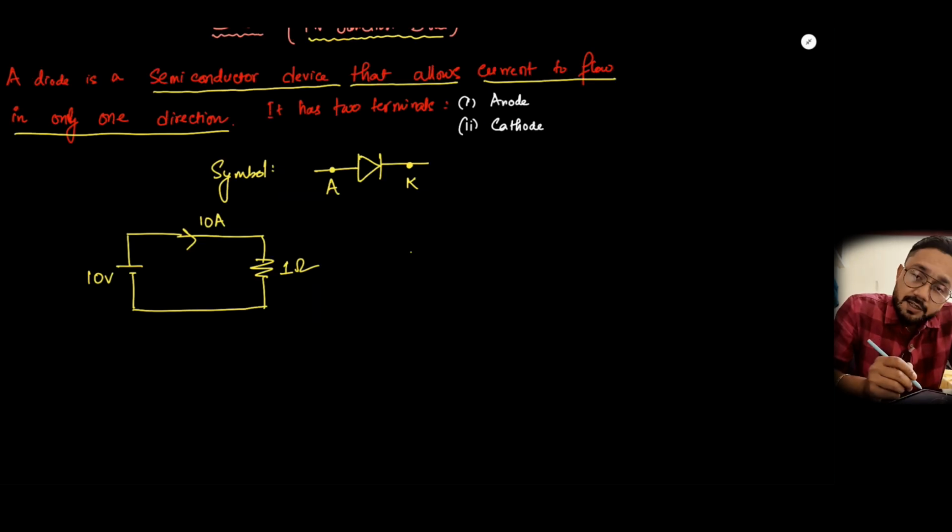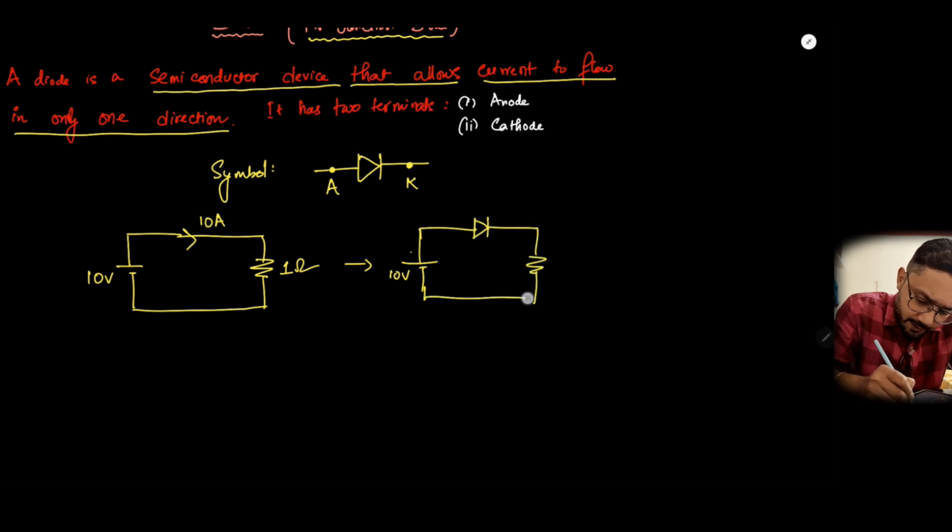Now let's insert a diode in the circuit and check what will happen. So this is the circuit, and suppose I inserted a diode here, in this configuration. You will see that after inserting the diode in this configuration, the current is still the same.